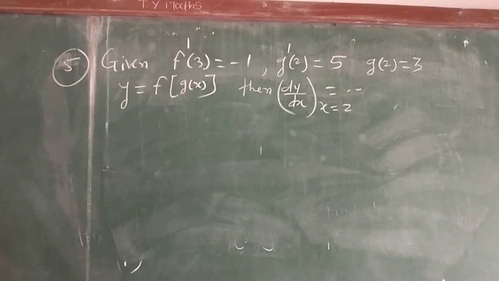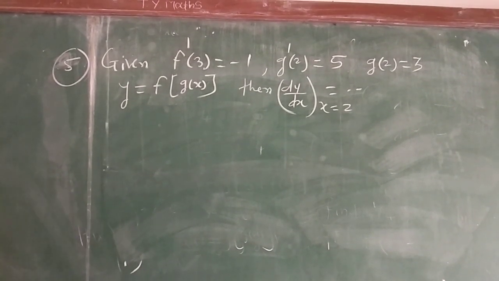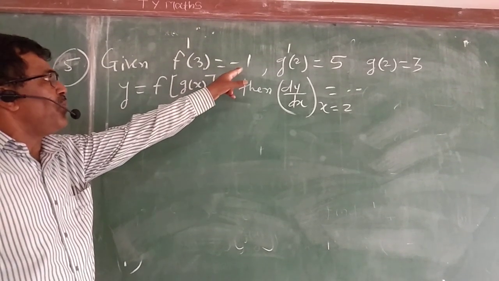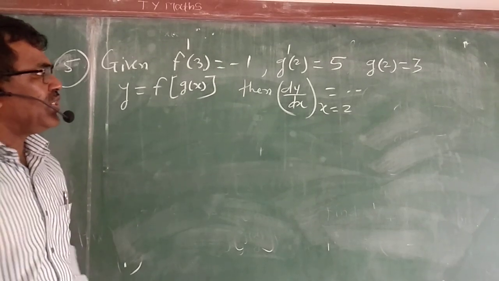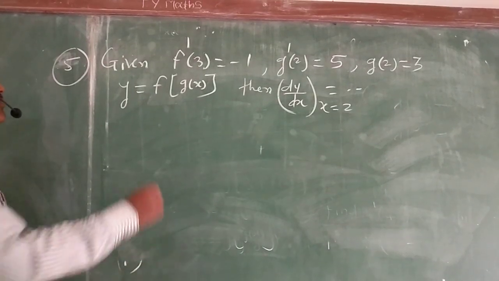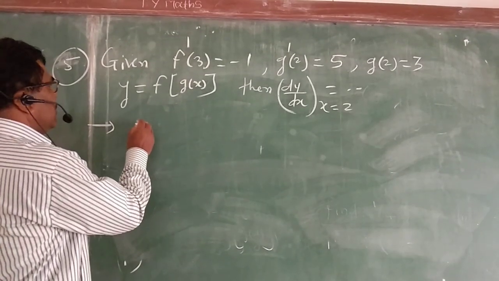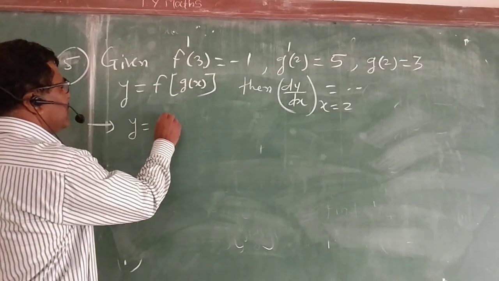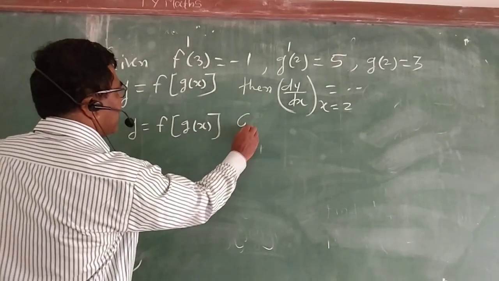See and write in your notebook. Given f dash 3 equal to minus 1, g dash 2 equal to 5, g of 2 equal to 3, then find y equal to f of g of x given.